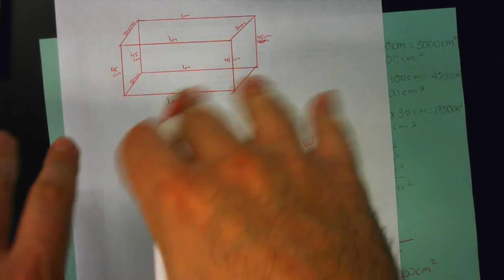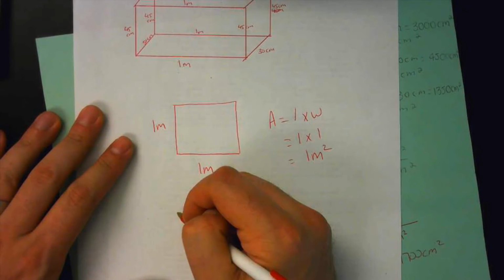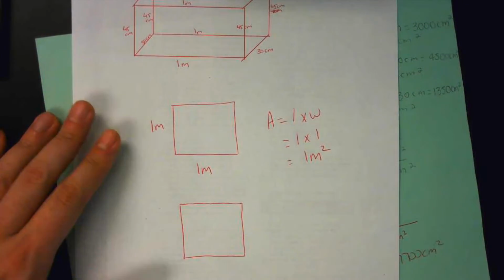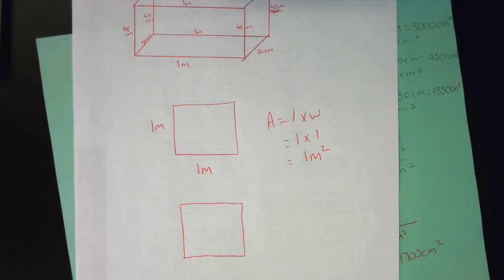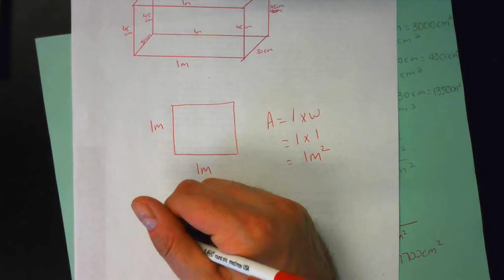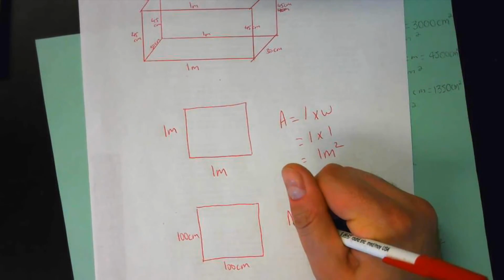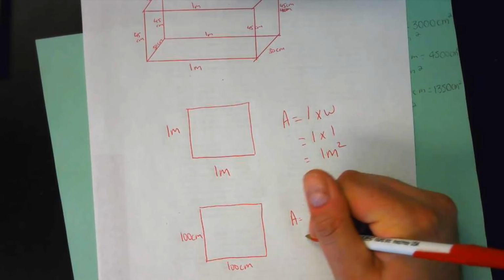Now, let's redo this same drawing. Same drawing, identical drawing. But instead of me putting this in meters, I'm going to put this in centimeters. 1 meter is how many centimeters? It's 100, right? Okay. Area is length times width.